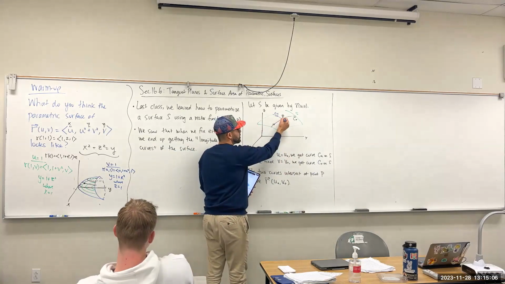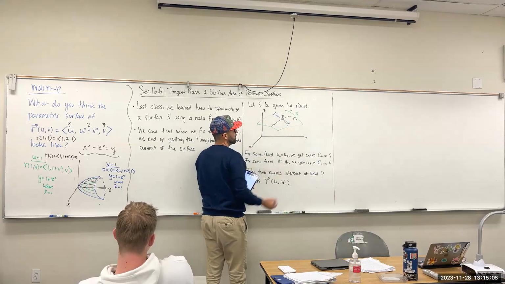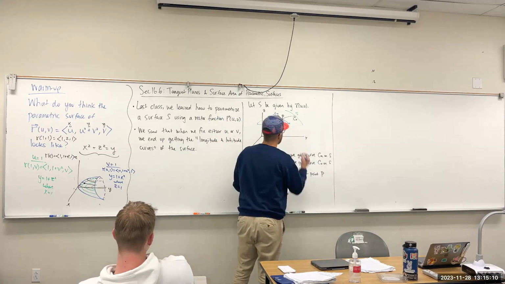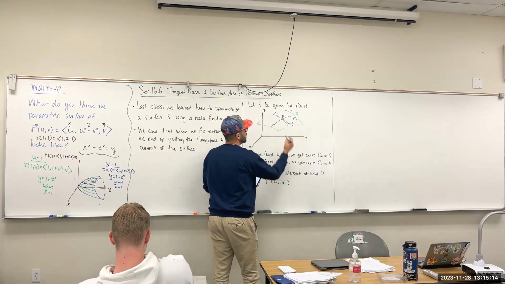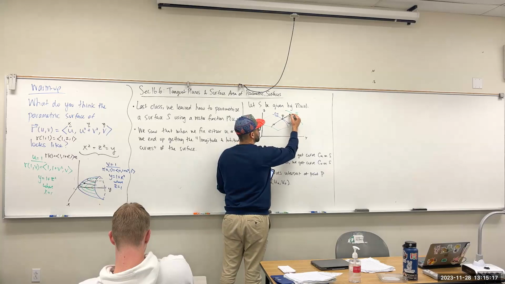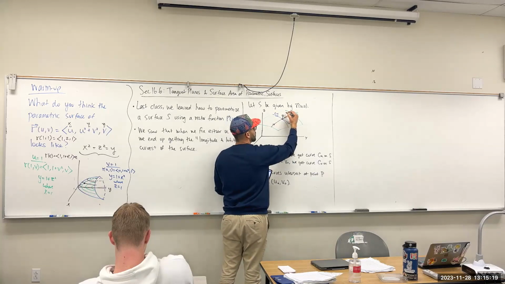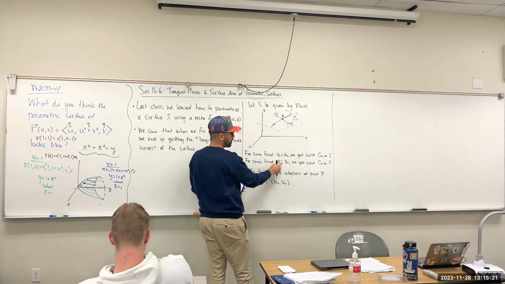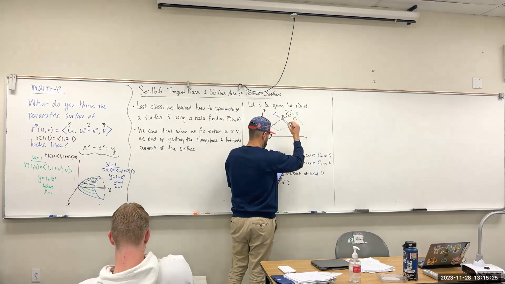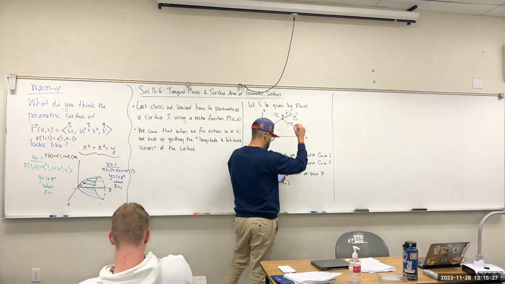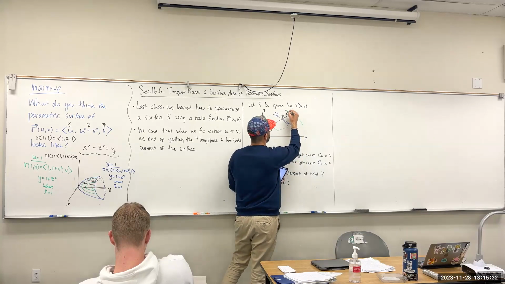We're going to want the tangent vector at that point here, which we're going to call r_u. And we're going to want a tangent vector for the black curve, where we fixed v. We're going to call that r_v.